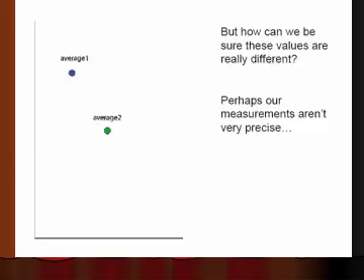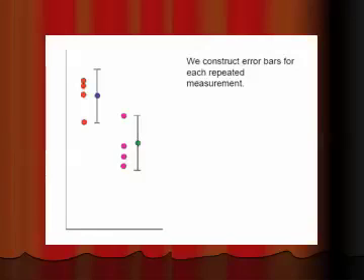Well, in order to know that, we can calculate and we can use statistics to find out. Perhaps in this case, our measurements are not very precise. So how can we know if they are really different? We can construct error bars to represent how much error there is in each measurement.